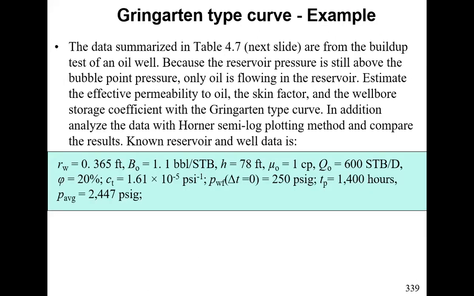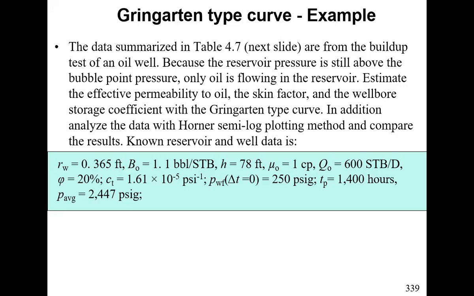The data summarized in table 4.1 is actually one of the examples we used when I was explaining semi-log data analysis. The data summarized in table 4.1 are from the build-up test of an oil well.